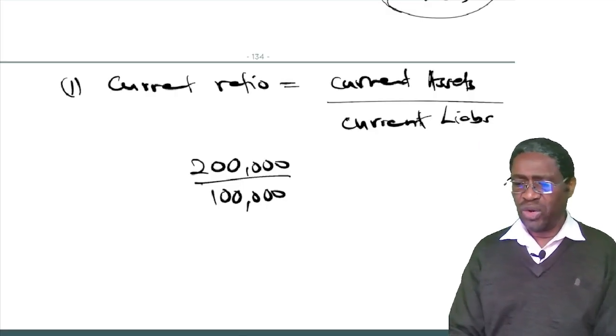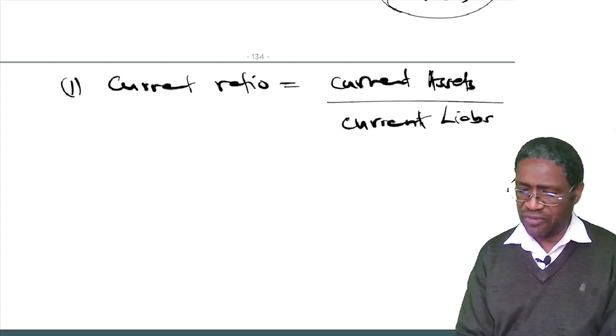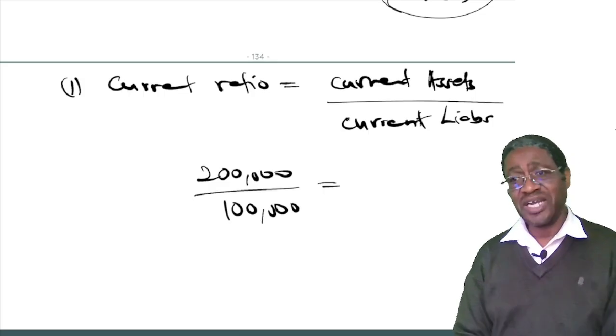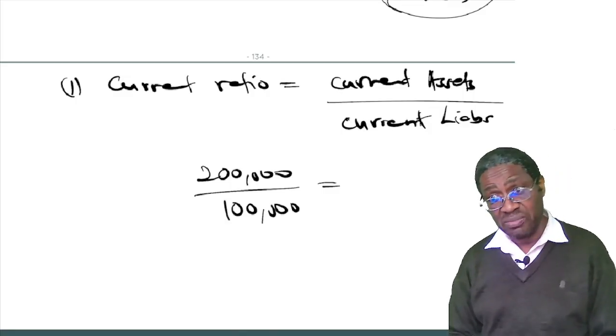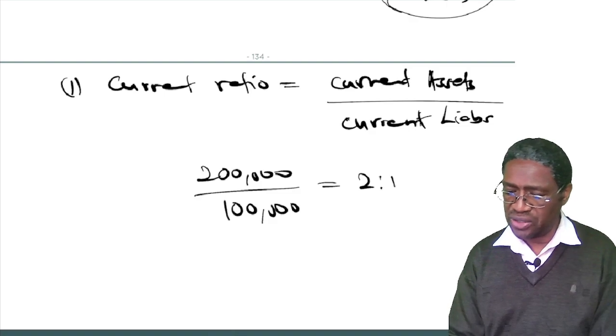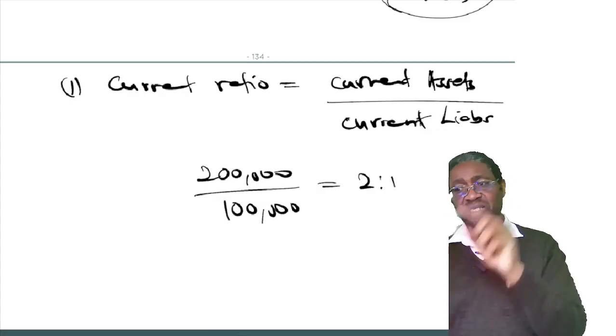Now, when you compute this ratio, for example here, I have assumed our current assets are 200 and our current liabilities are 100. We normally say the ratio now becomes 2 to 1. That's how we express the current ratio.